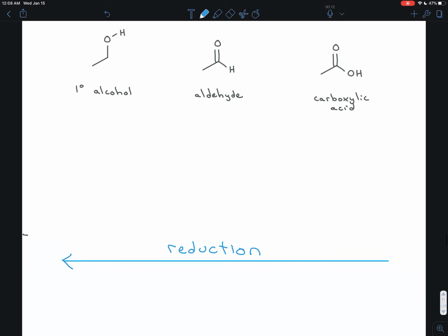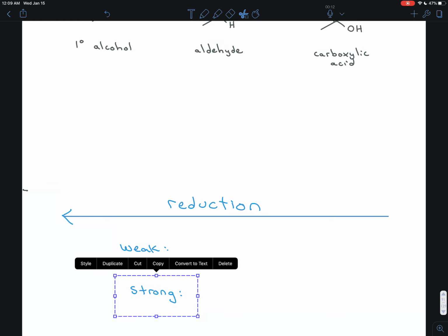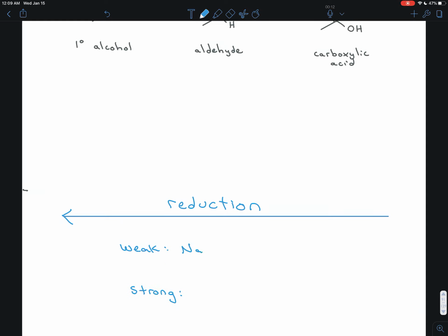Now, we've seen 2 reducing agents. We've seen a weak reducing agent, and we've seen a strong reducing agent. The weak reducing agent was sodium borohydride, and the strong reducing agent was lithium aluminum hydride.